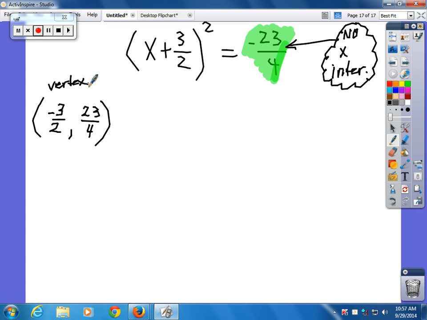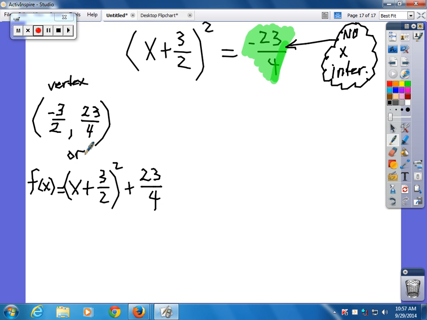If you want it in vertex form, f of x is equal to (x plus 3/2) quantity squared, what? Plus 23/4. So, depending on what the directions are asking for, just take the opposite of both for your vertex, or write it in that form. Solve it.